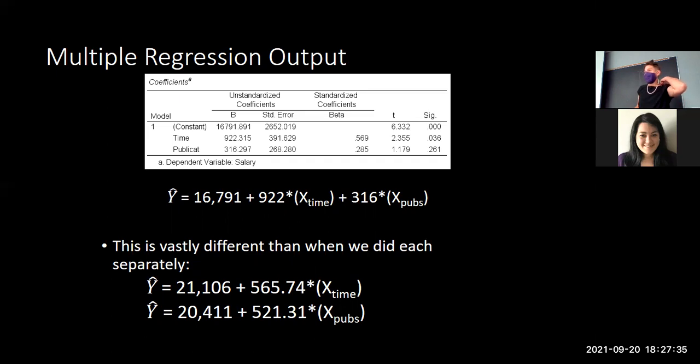Someone who's been away from PhD for 1 year probably has fewer publications than someone who's been out for 10. And so, however publications correlates with salary, time is also going to correlate with salary because they're correlated with each other. So by controlling for one, we're able to look at the unique examination of the other, how the other one predicts.